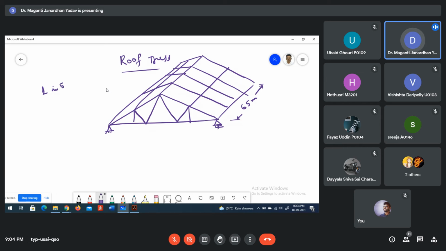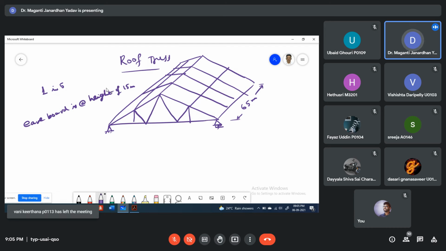If the location is 200 meters from the crest of the hill, on the downward slope, and its eave board is at a height of 15 meters.